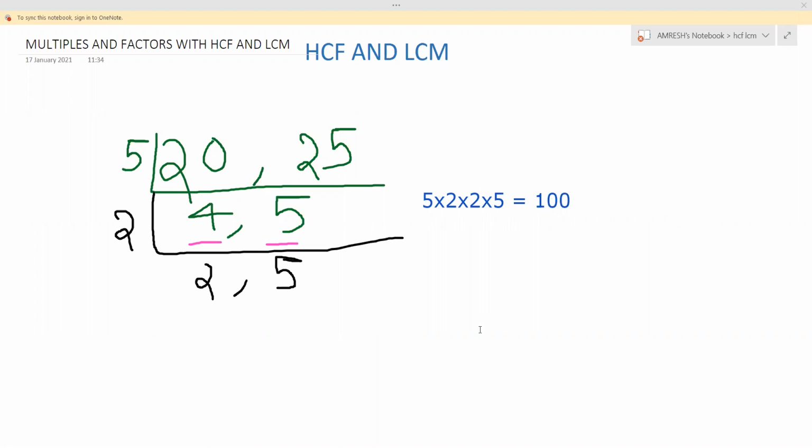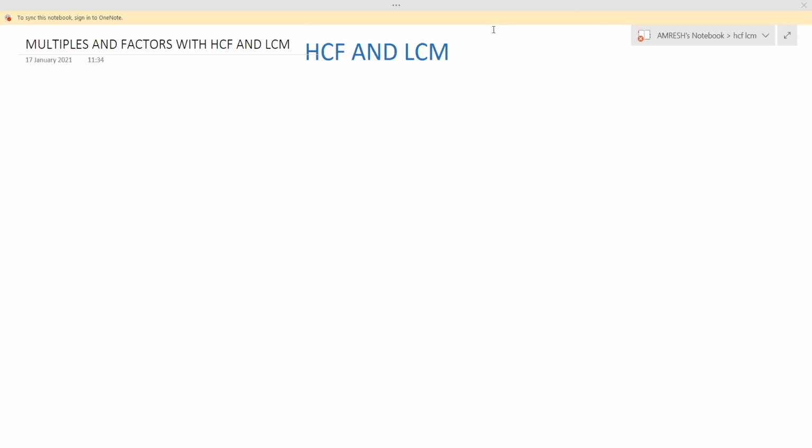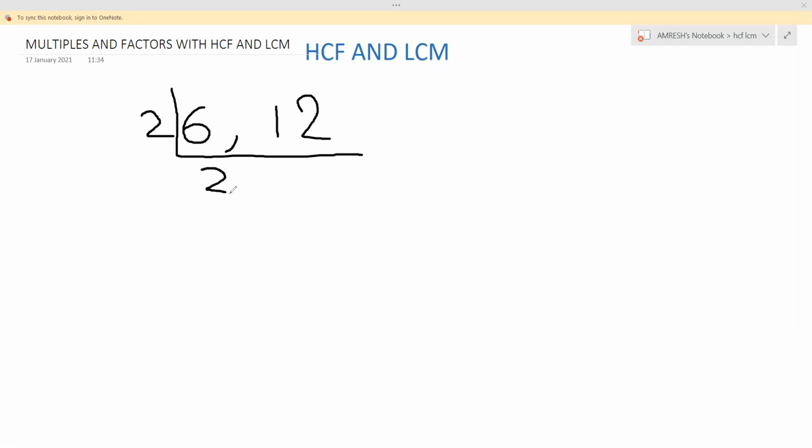Okay, one more we will try by this method: 6 and 12. It's a new method for you. In the table of 2, 6 and 12 both are coming, yes or no? Take 2. 3 is there, 4 is there.